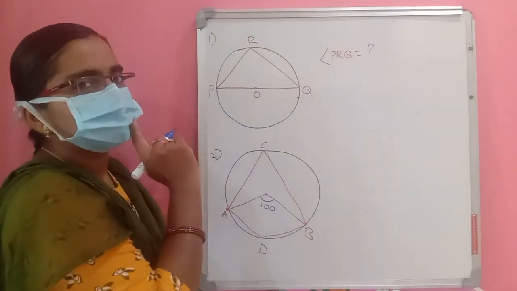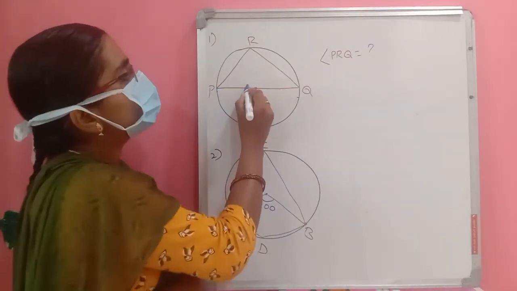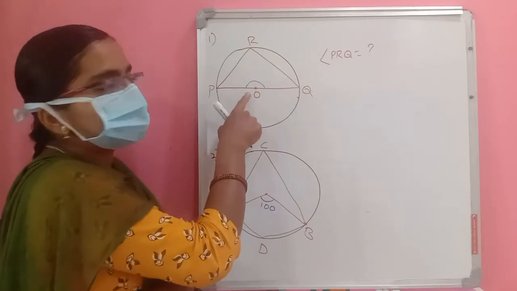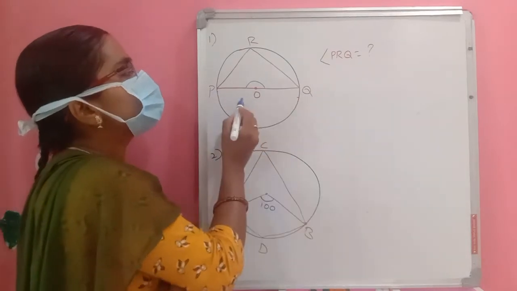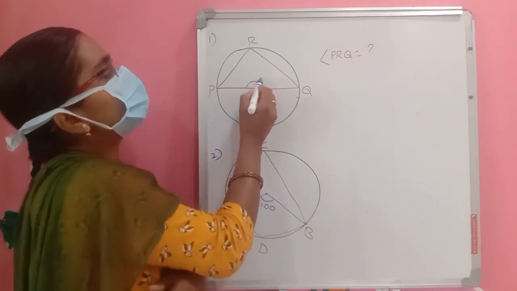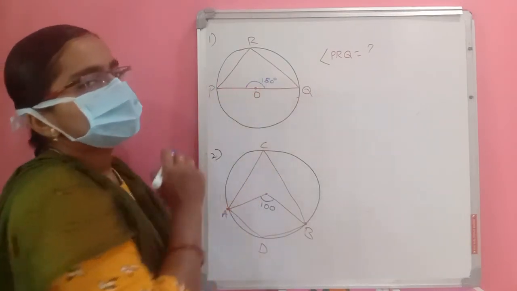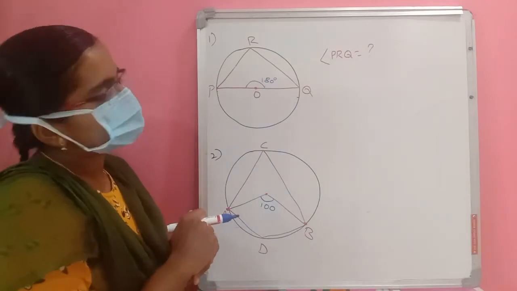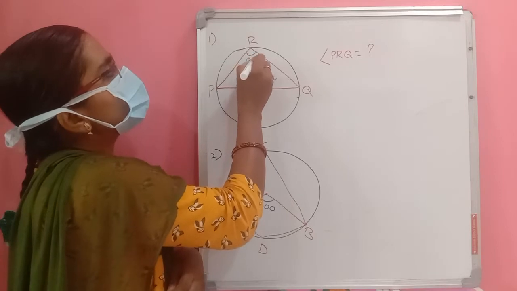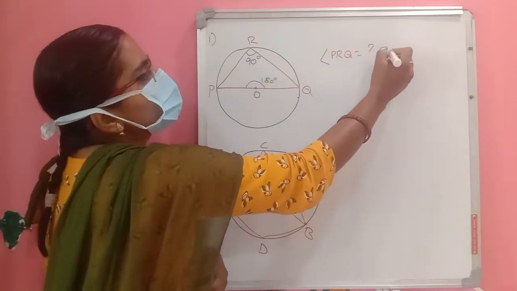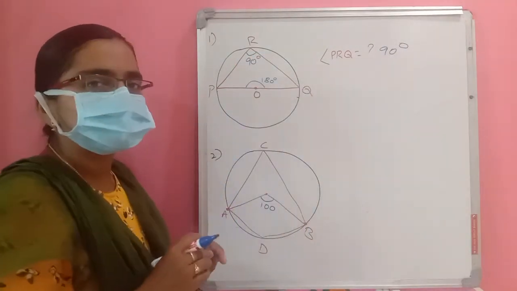This chord is making how much angle at the center? O is the center of the circle. So this PQ chord is making 180 degrees at the center. When this is 180 degrees, this angle becomes half of it, so this is 90 degrees. Simple. So angle PRQ is 90 degrees.